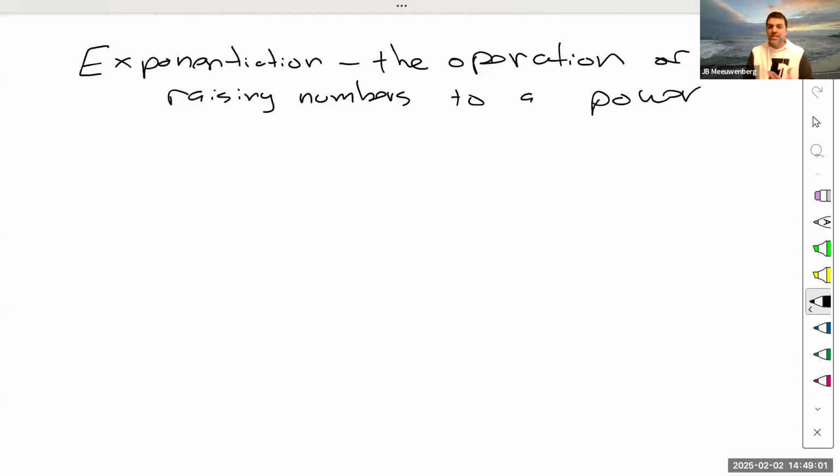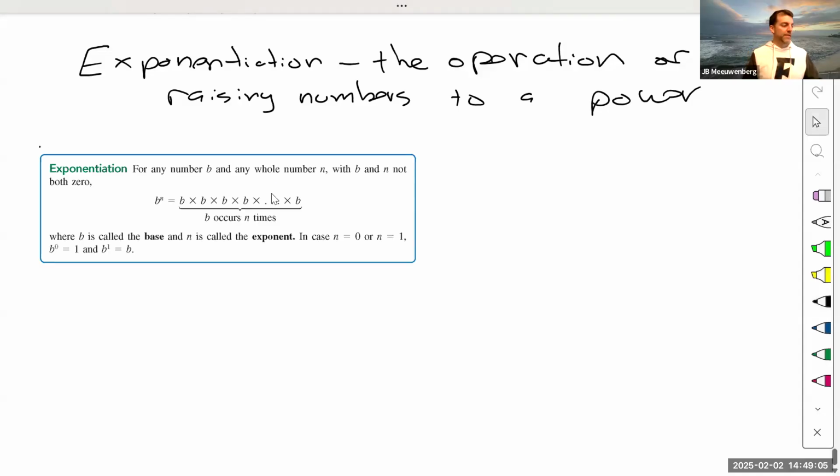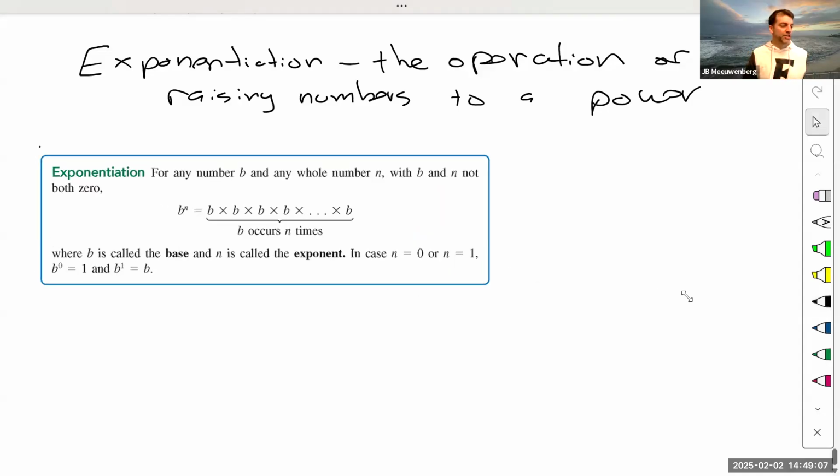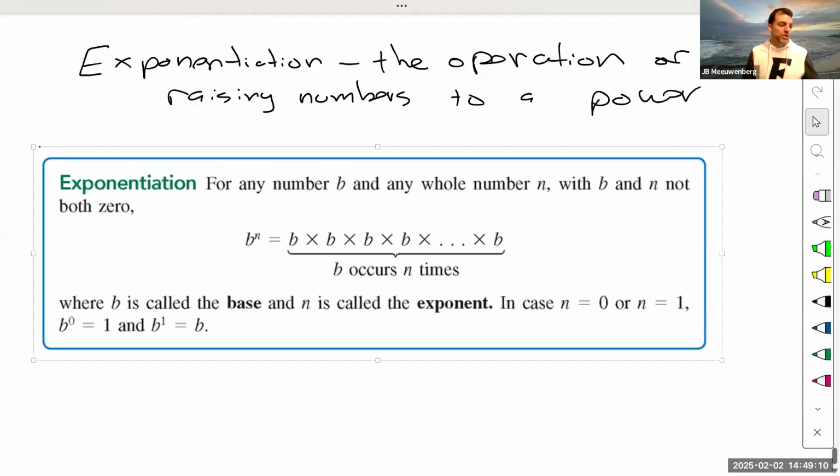And of course, we have a nice formal definition, which we all love. And that's what this is, our formal definition of exponentiation. So again, I recommend pausing and trying to make sense of this first, and then coming back and listening to my explanation.